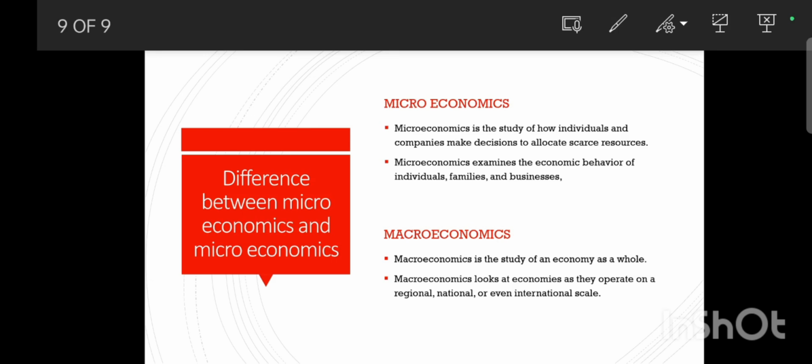Microeconomics is the study of how individuals and companies make decisions to allocate scarce resources. It examines the economic behavior of individuals, families and businesses. Macroeconomics is the study of an economy as a whole. It looks at economies as they operate on a regional, national or even international level.